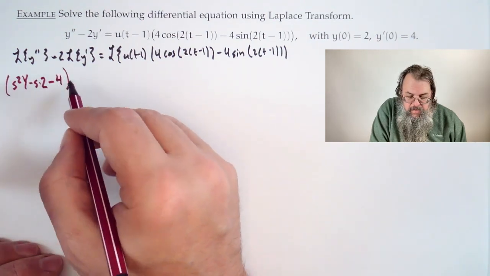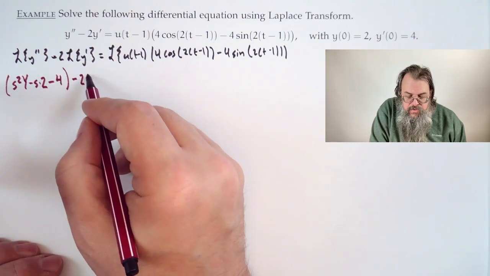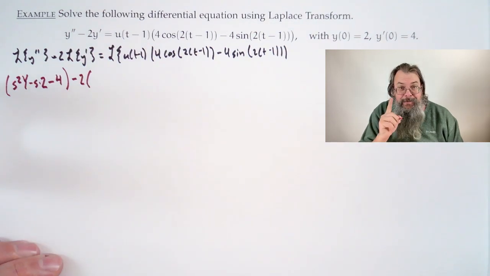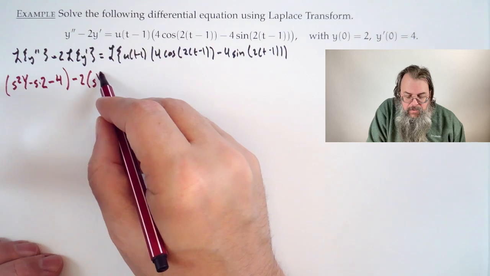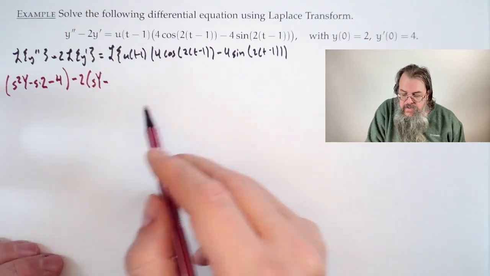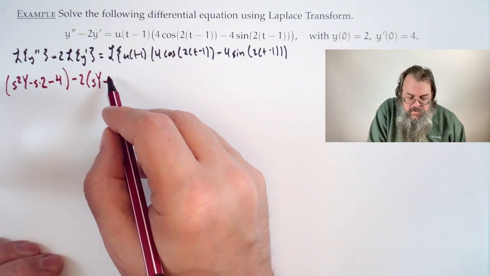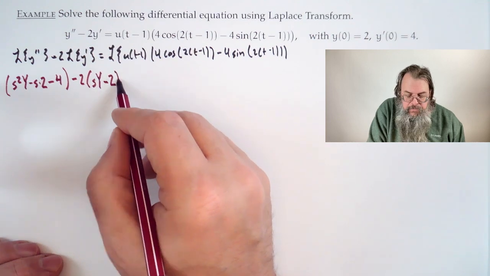Okay, and then we're going to subtract 2 times s capital Y minus y of 0, so we're going to subtract 2.